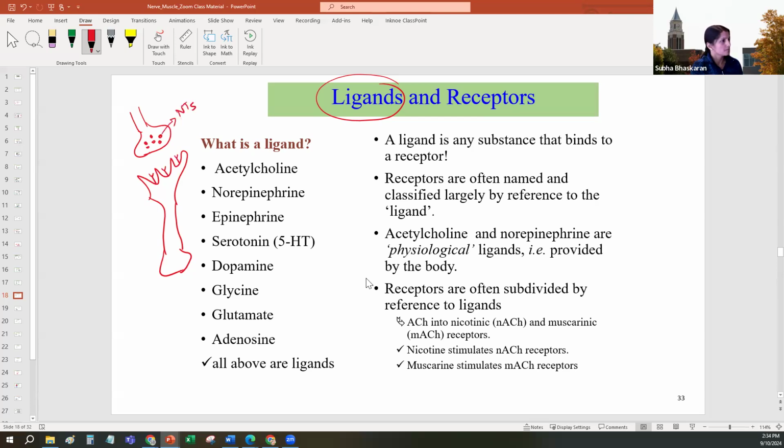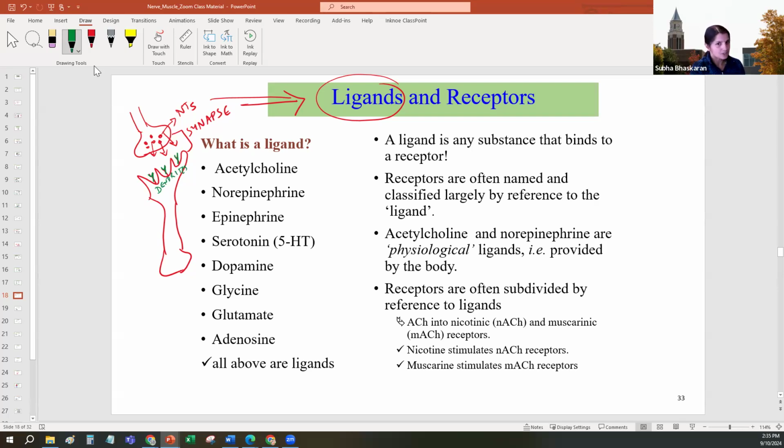Neurotransmitters, yes or no? Right? So they are released in this, what is this? Synapse, correct? And these neurotransmitters are also called ligands. So ligand is a general name given to the neurotransmitters. They get released into the synapse, right? And they look for their cute little receptors. Where? On the dendrites, yes or no?